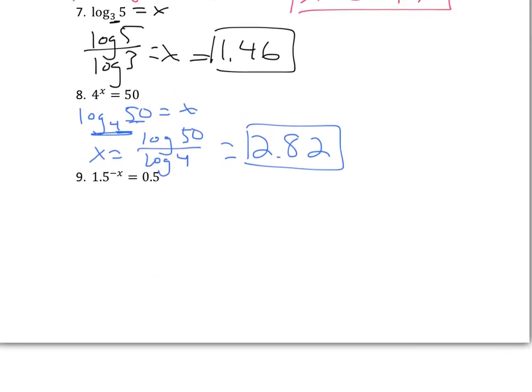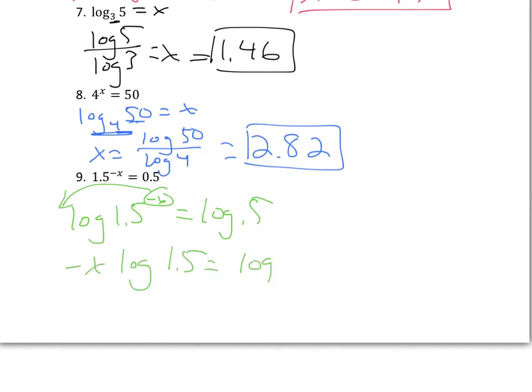And lastly, number 9. You could do either way. You could log both sides, or you could rewrite it as a logarithmic function. I'm going to log both sides for this one. So log of 1.5 to the negative x power equals log of 0.5. Remember this can come out to the front, so negative x log 1.5 equals log 0.5.